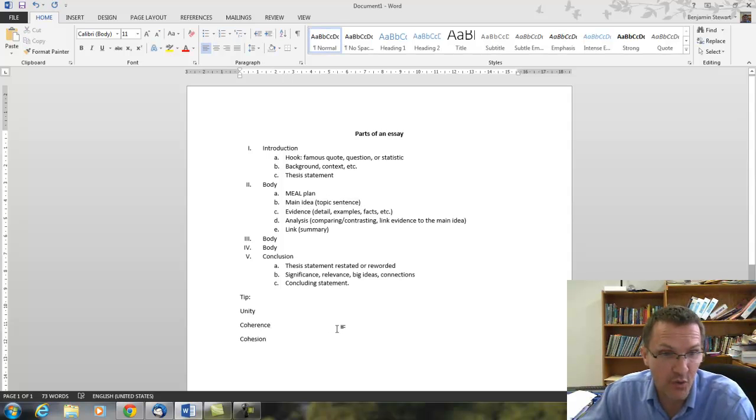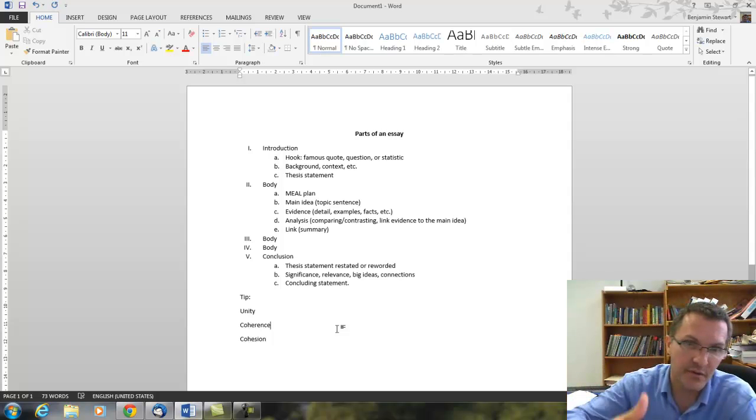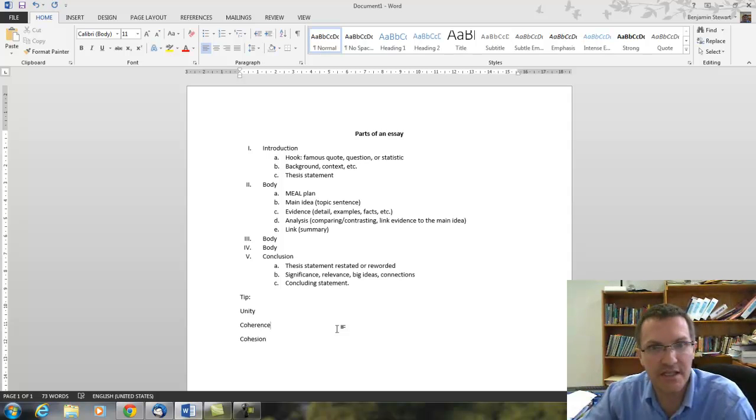We also have coherence, which is basically making sure that the ideas from one sentence to the next follow a certain logical order. And there are different ways of creating order. For example, it can be chronological.